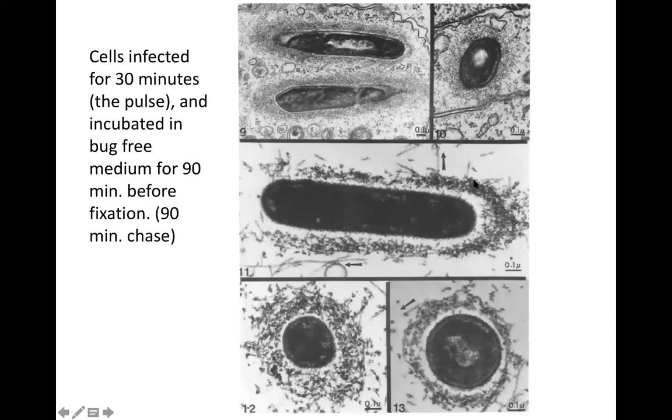So this is in longitudinal section, and this is in cross section. So compare the mesh here to that, and you can see the substantial thickening of the filaments. This essentially provided definitive proof that the material seen here is composed of actin, and it has to be host cell actin because bacteria do not express actin.